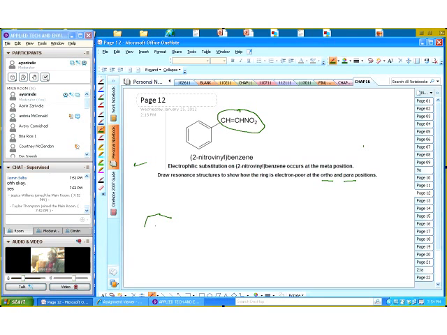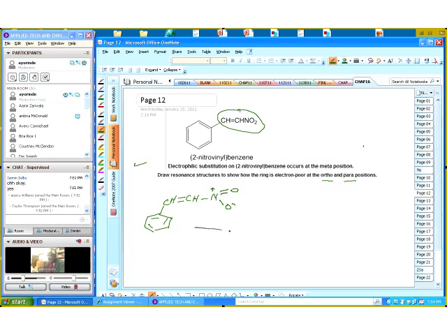We are going to draw this molecule here. In other words, we need to know the reaction mechanism. They want us to draw some kind of reaction mechanism involving this molecule. So you have this. Keep in mind you have the nitro group. This is your nitro group. Now they say, supposing an incoming group goes to the ortho position or para position, show how this will not be favored.